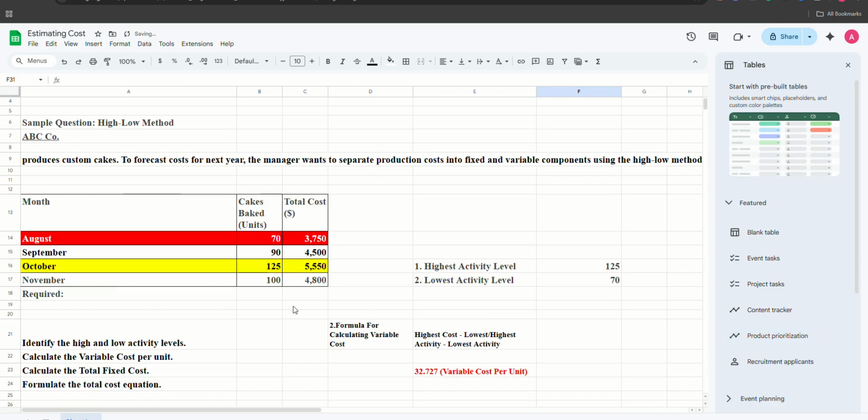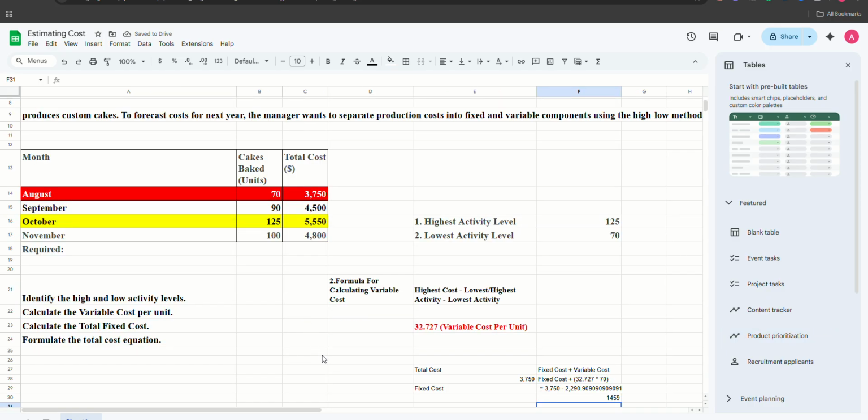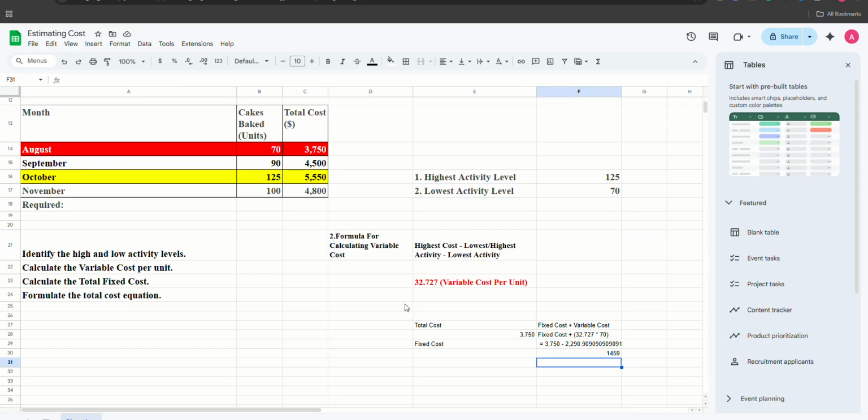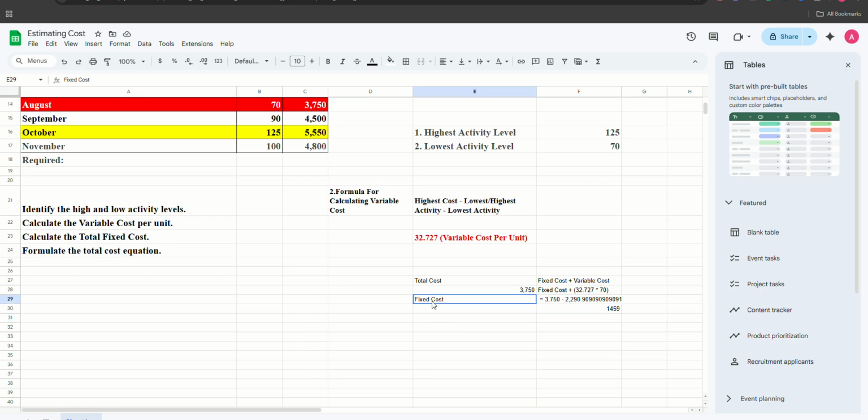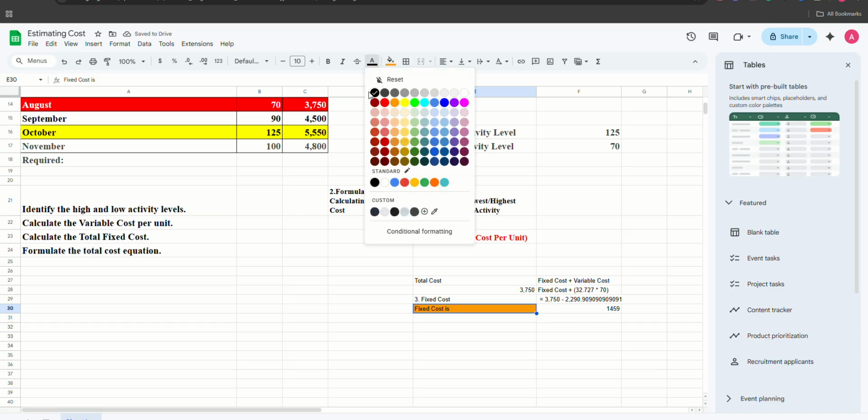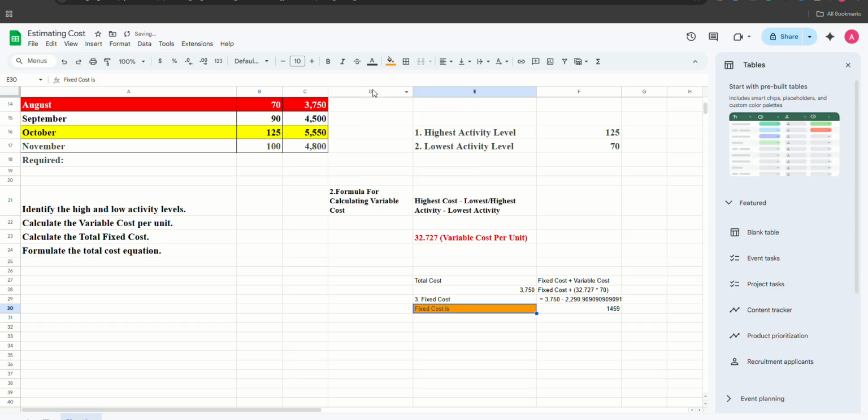Okay, so now, question number three is done on fixed cost.